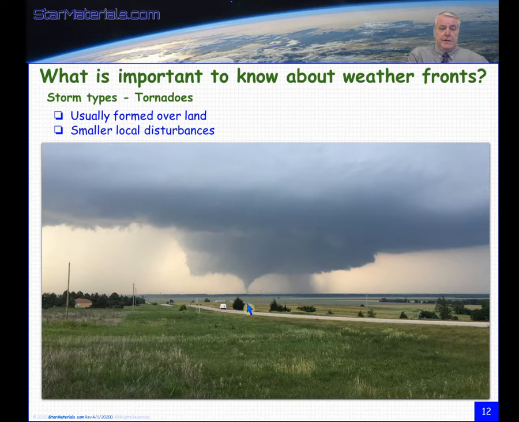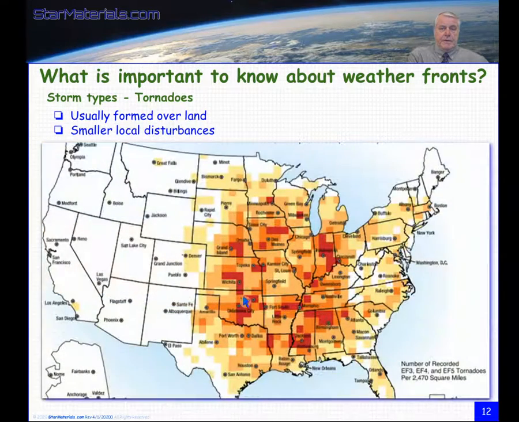Here's a tornado. This is a map that shows where tornadoes form. You can see there's a band of the United States that has more instances of tornadoes than other places.